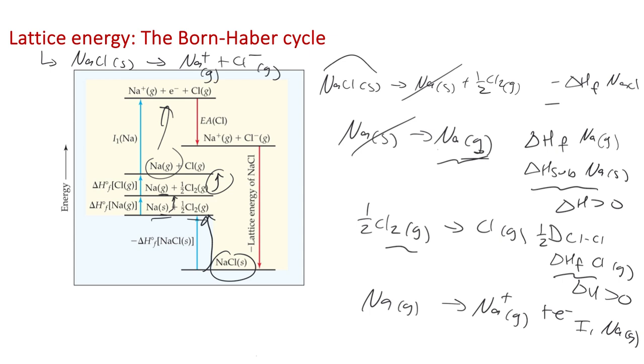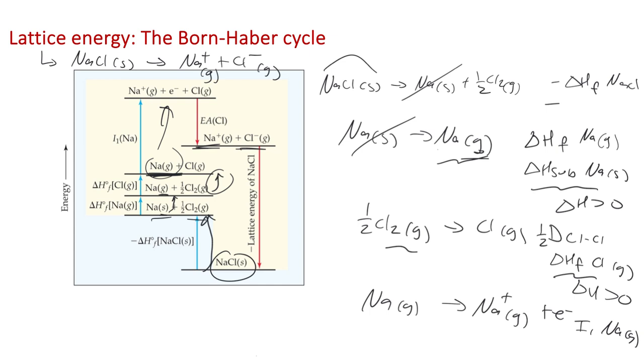And so that required energy, if you recall, I recall that number, it's like 496. It's about 500 kJs per mole to go from sodium to sodium plus, to ionize that electron. And then this is kind of where, if you recall, I was talking about, if you just go from sodium to sodium plus and then to Cl minus, that doesn't fully tell you why sodium plus forms and why Cl minus forms.